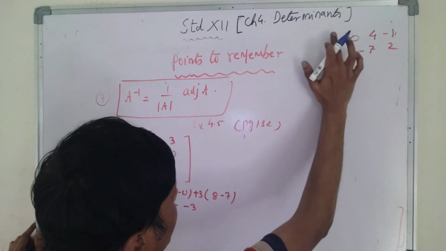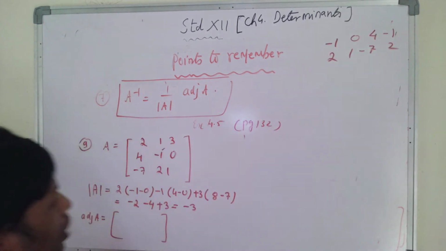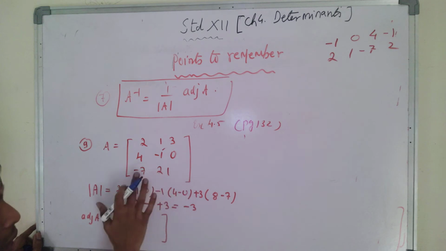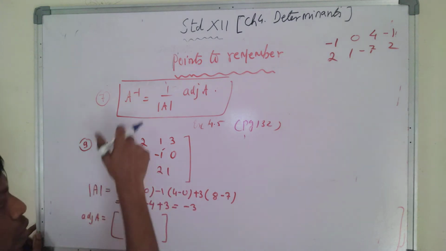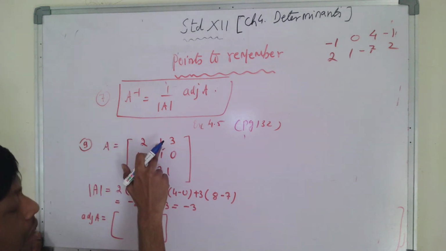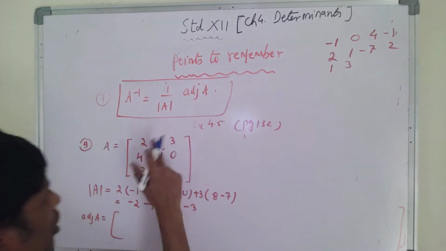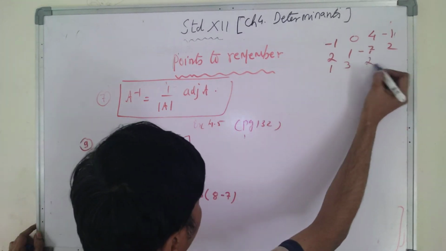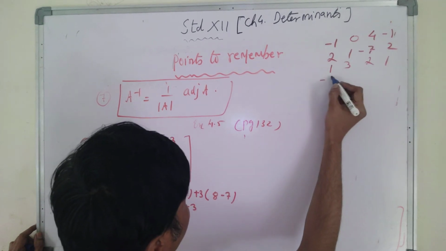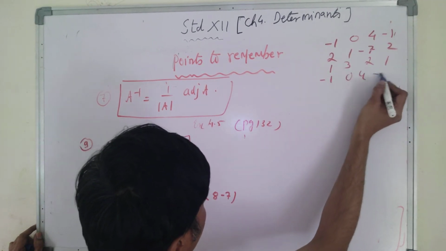Always take care that the first element and the last element should be same. 2, 1, -7, 2. Then go back to row 1. We'll pick the middle element, 1, 3, 2, 1, and copy the first element as it is, -1, 0, 4, -1.